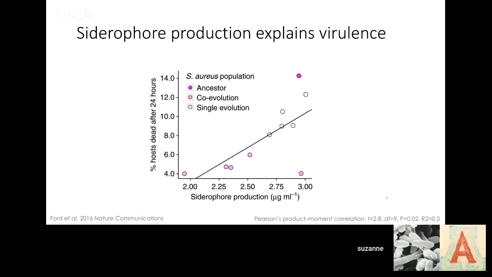What's interesting here is actually this point here. At the start, we didn't know what was going on until we got our genomic data back, which is quite a bit later than when we got this data. And then by looking at the SNPs, we found two SNPs in this particular population in siderophore iron reductases.